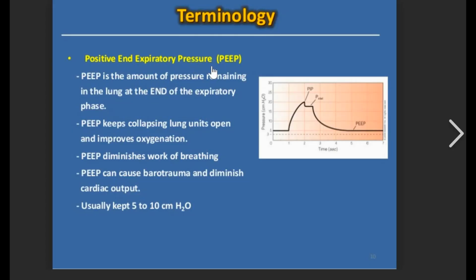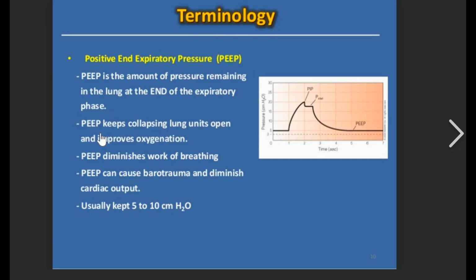What is PEEP? PEEP is positive end expiratory pressure. That is, the pressure in the alveoli at the end of expiration. This helps to keep the alveoli open. Remember, in ARDS, alveolar cells are damaged. There is no surfactant. Alveoli may collapse.